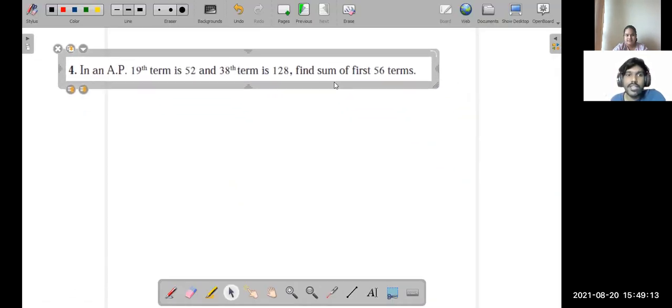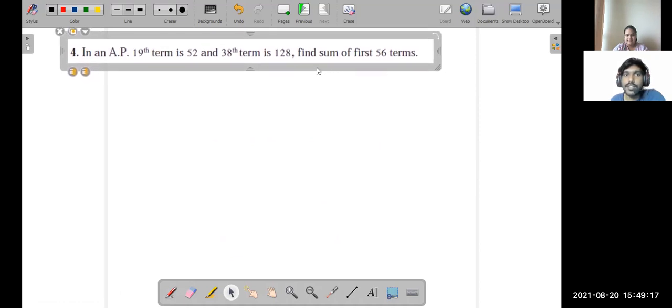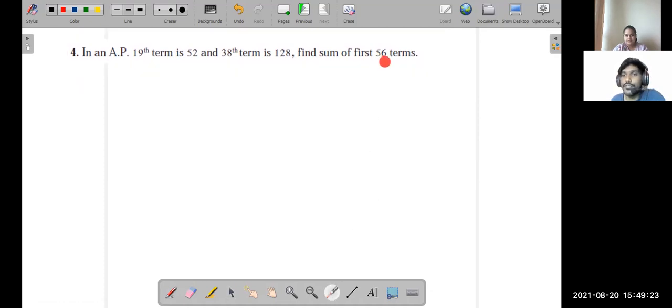In an AP, the 19th term is 52 and the 38th term is 128. You have to find the sum of the first 56 terms. Now you may be thinking something else is given and something else is asked, but there is a relationship between them. Have you understood what is given and what is asked?